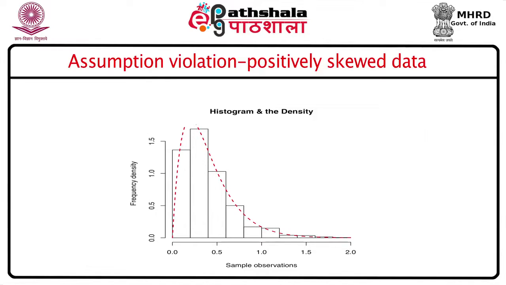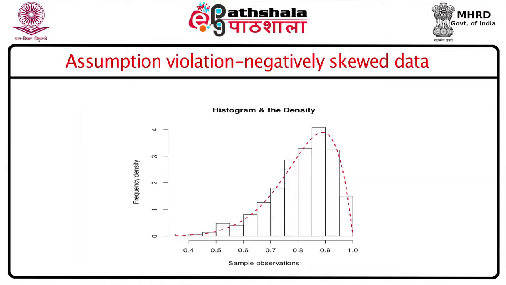In practice, we have a variety of non-normal data. For example, we can have positively skewed data where the concentration is towards the lower values, such as a log normal or gamma distribution, and in those cases the normality assumption and the corresponding t-test are not valid.